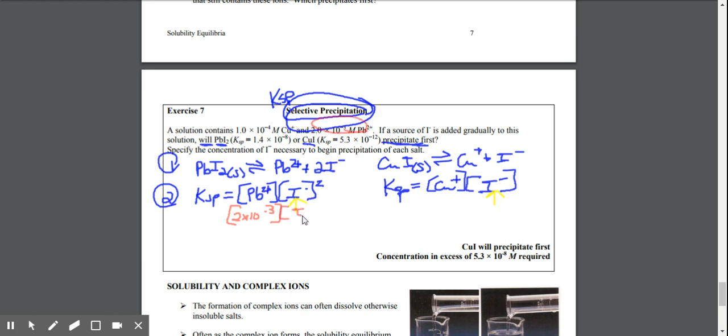I'm plugging that in here. I minus is what I want to solve for. Ksp was also given to me. It was 1.4 times 10 to the negative 8. When I solve for I minus for this one, I get 2.6 times 10 to the negative 3rd.